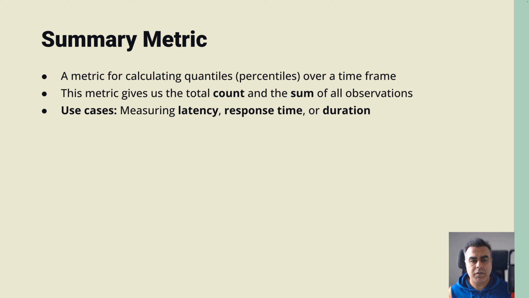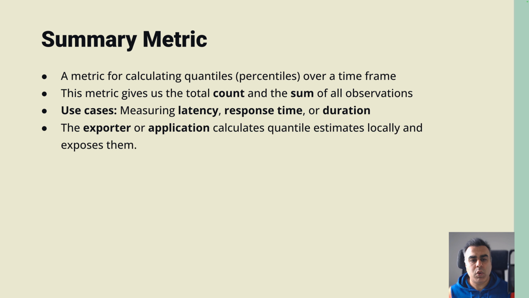But it is not efficient, so there is no reason that we have to collect and store all of that information about the requests. Instead, we can ask the exporter or the application to get the latency values of all the requests, calculate the quantiles and distribution of that information, and finally expose the results to Prometheus.